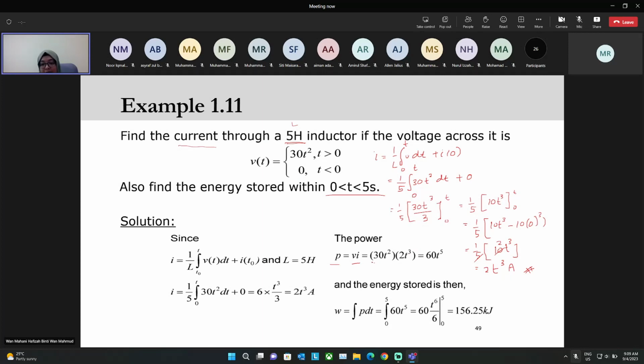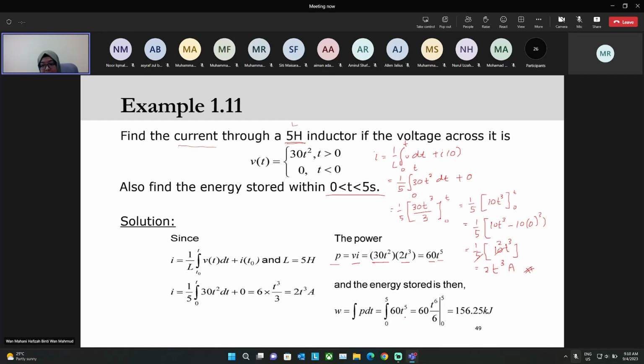So bila you darab ni, you dapatlah 60 T kuasa 5. This is your P. So how to get W? W is integration of P. Masa integration ni, you letak limit dia 0 ke 5 second, sebab soalan minta macam tu.